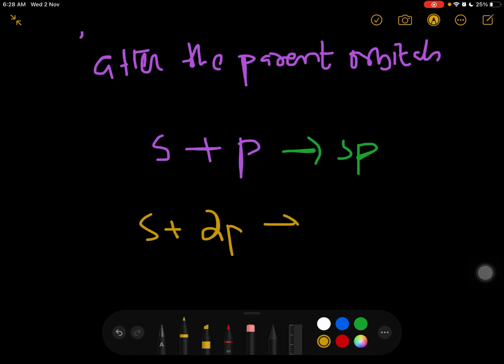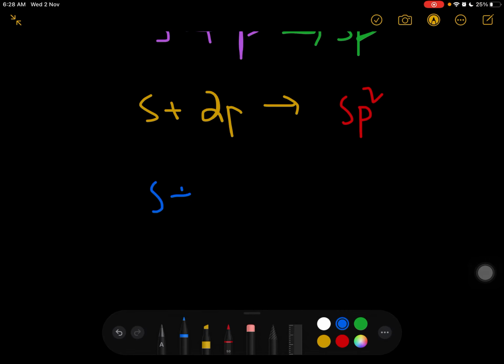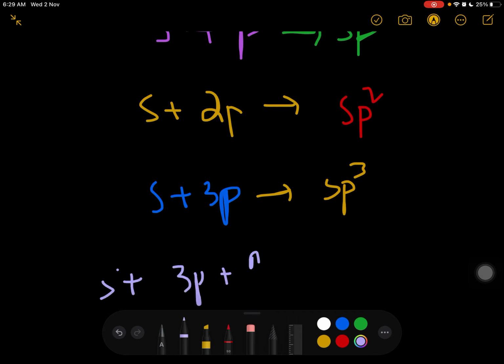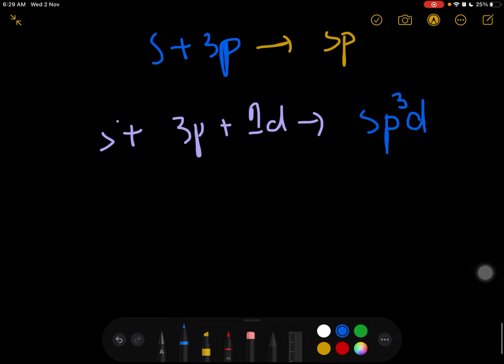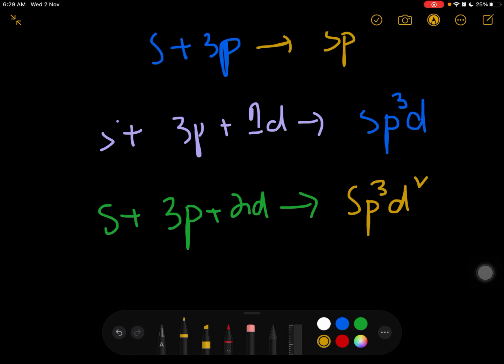If you have s plus 2p, they will be known as sp2. If I have s plus 3p, then there will be sp3. Or if I have s plus 3p plus 1d, it will be known as sp3d. Or s plus 3p plus 2d, it will be known as sp3d2.